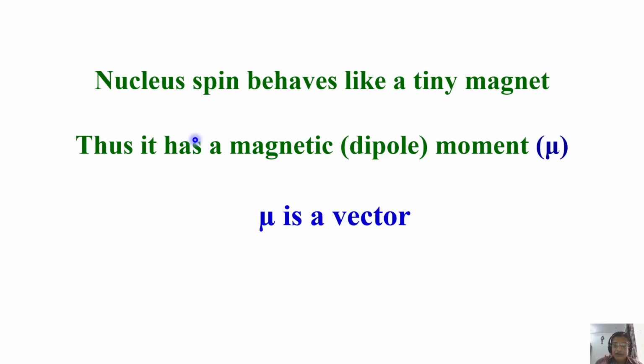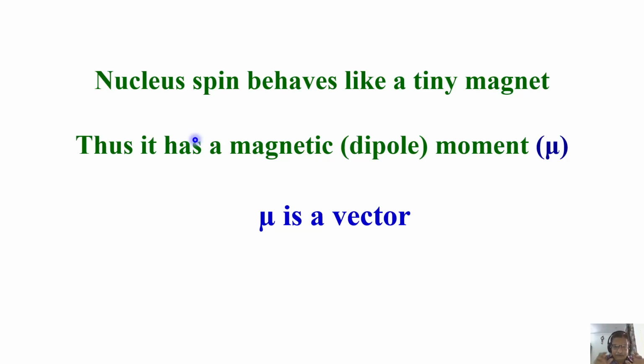Remember, I'm introducing a few terms. First, we started with angular momentum P. We found that the z component of that, Pz, was equal to m into h cross. m is the magnetic quantum number, which depends upon the spin quantum number I, the spin of the nucleus.